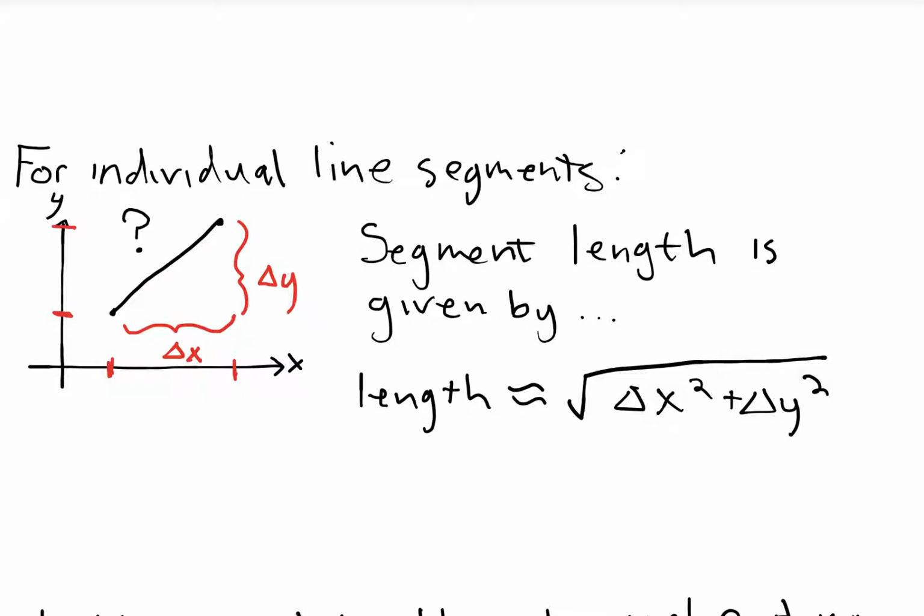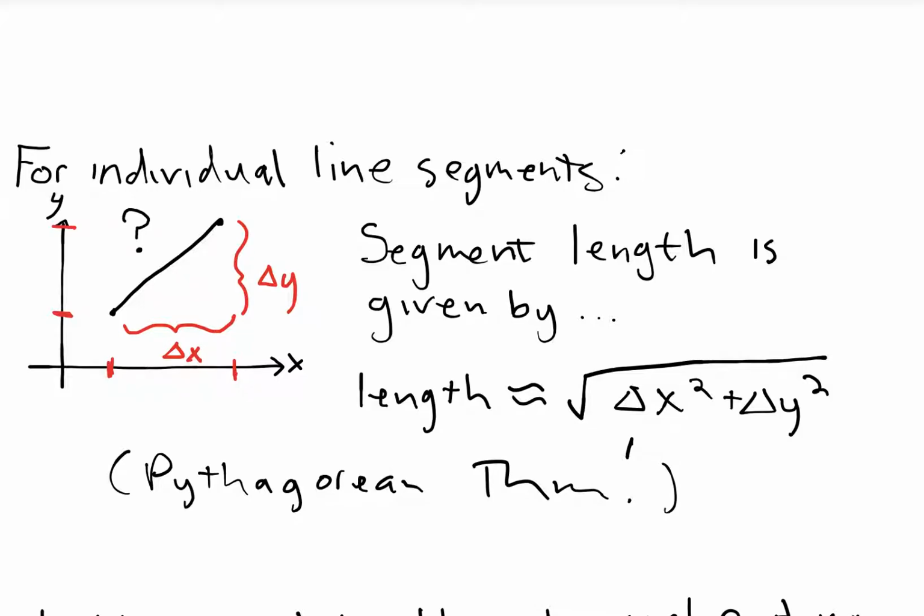This is why I'm dealing with the little squiggle in the middle here. The whole idea of where this comes from is that we're using the Pythagorean theorem to generate this. If you squared both sides of this equation, it looks a lot like a squared plus b squared is c squared.